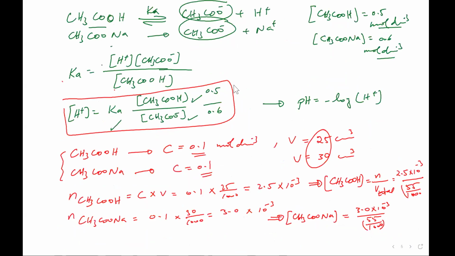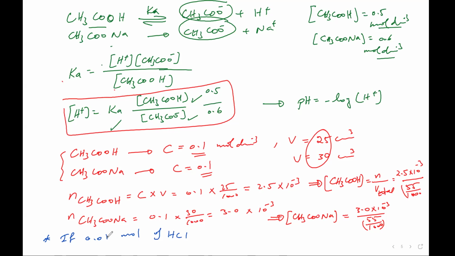Yes, Ryan. So here, what happens if we add 0.01 moles per decimeter cube of HCl is added to such a buffer? Of course, here it must be smaller than this one.